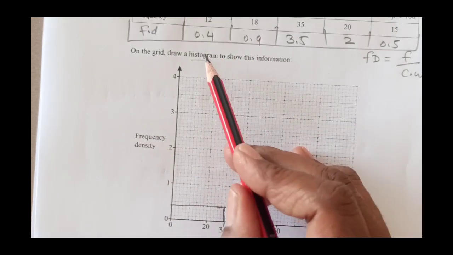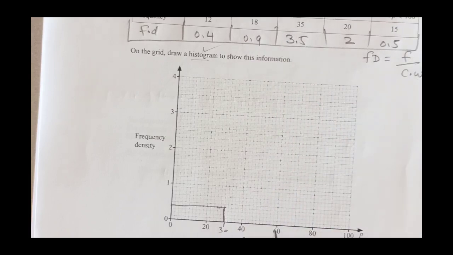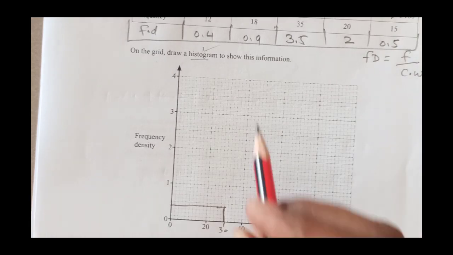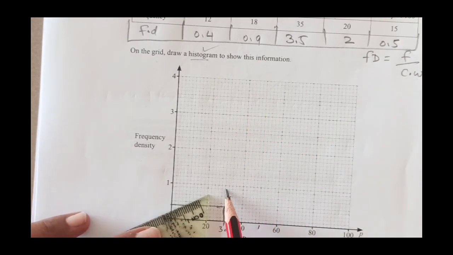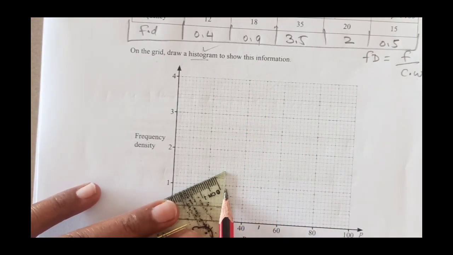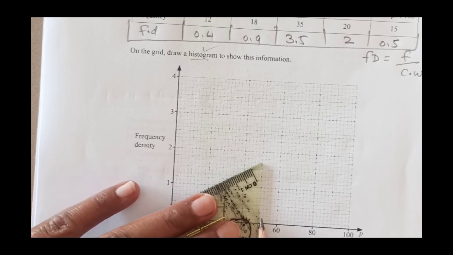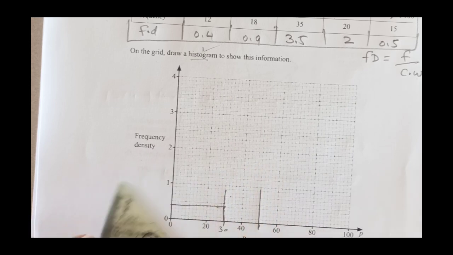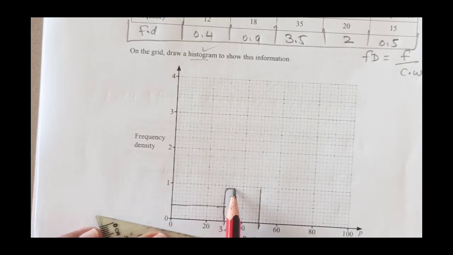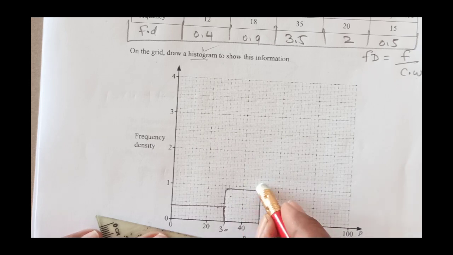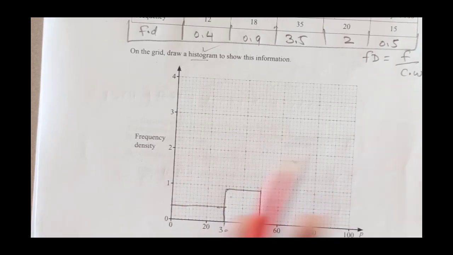Okay, then we have 30 to 50. 30 to 50 is 0.9, so 0.9 is going to be up to here. Then you just join this one. Please use your ruler to make a straight line.